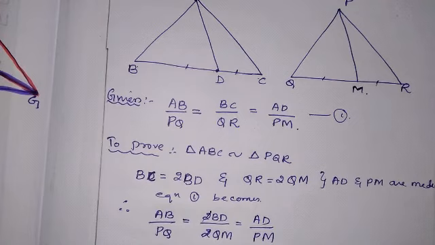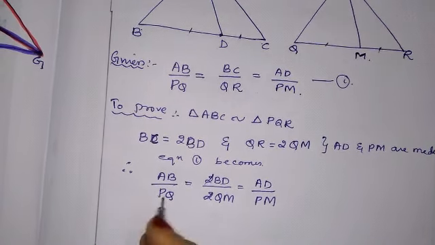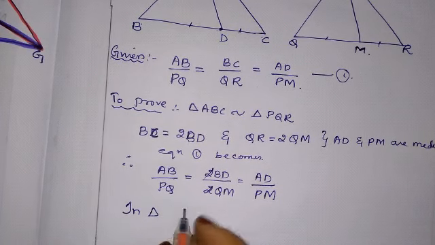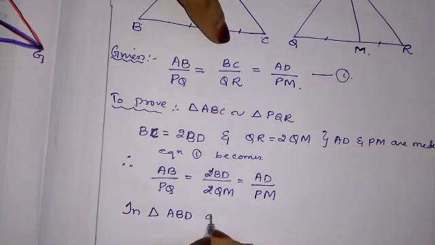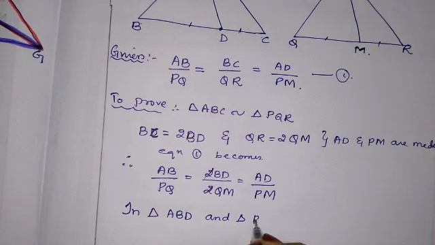The 2 and 2 cancel. Now they are in equal proportion. Let us consider triangle ABD and triangle PQM.